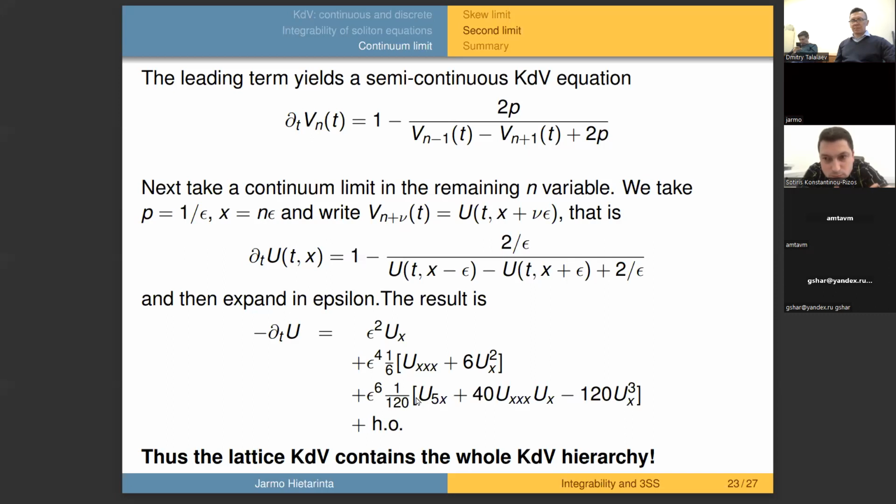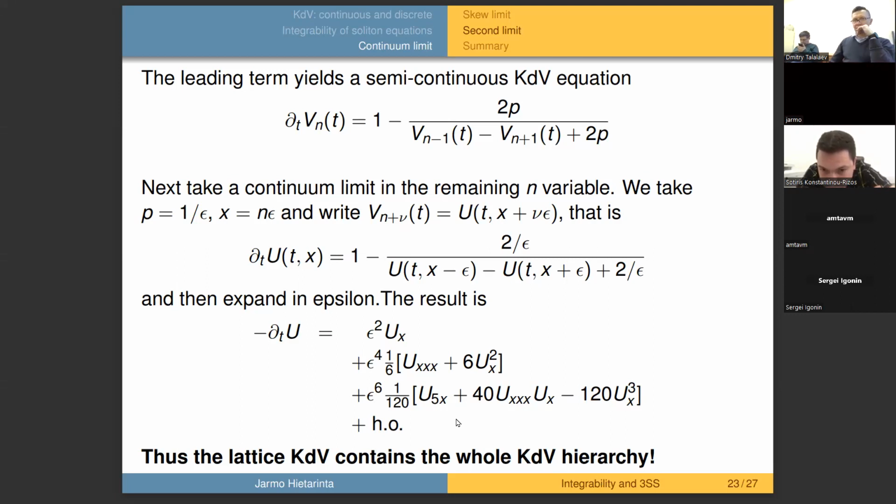No, cannot be. It should be the same sign at least. You have plus, should be on all terms. Something wrong here. Maybe potential KdV hierarchy. Yeah, maybe potential, but even for potential, the sign should be plus everywhere then. I think I calculated this by computer, not this, but okay, I have to check it once more.